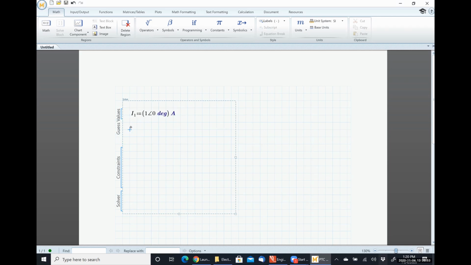And I'm going to do the same guess values for I2. And over here, I'll do one for I3.